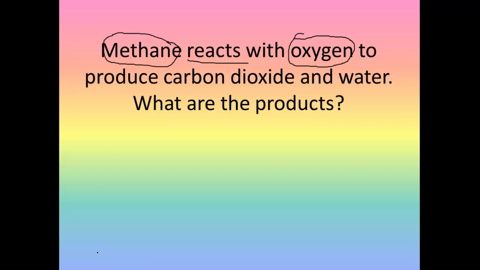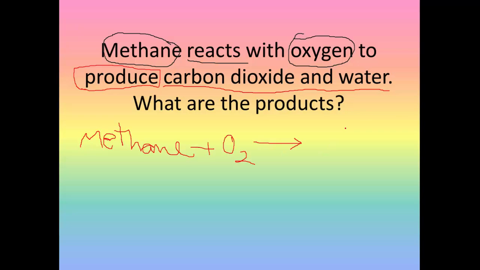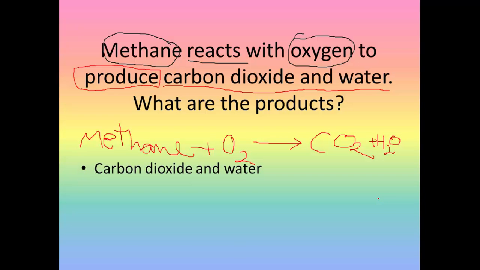And then look for those key words. Produce is the key word here. So now you know that everything before that is your reactants. Everything after that is going to be your products, and that's the carbon dioxide and water. So you're going to have methane plus oxygen yields carbon dioxide and water. So carbon dioxide and water is going to be your products.